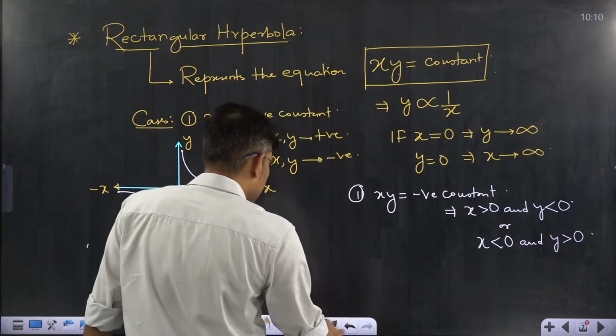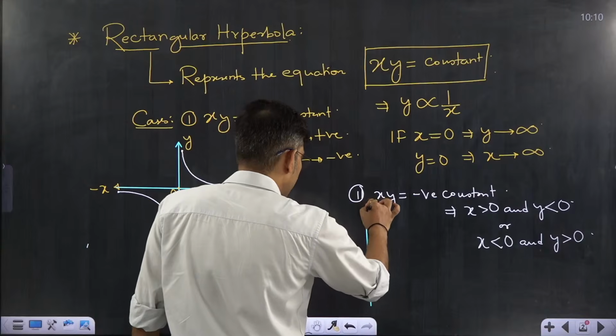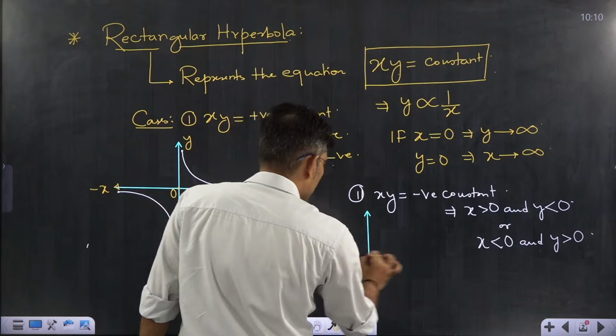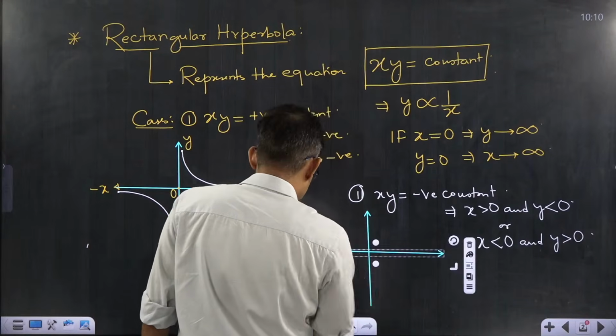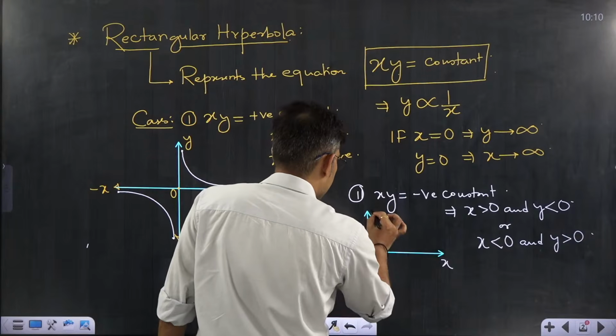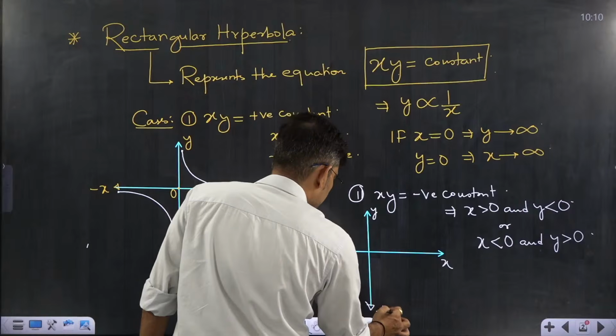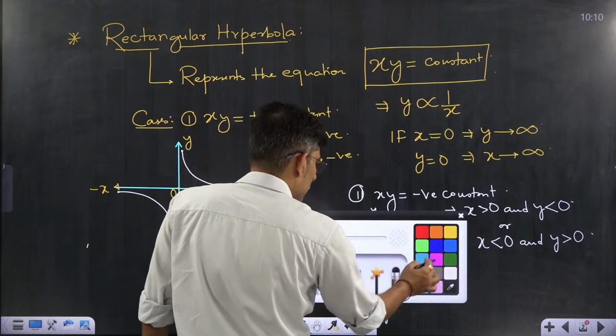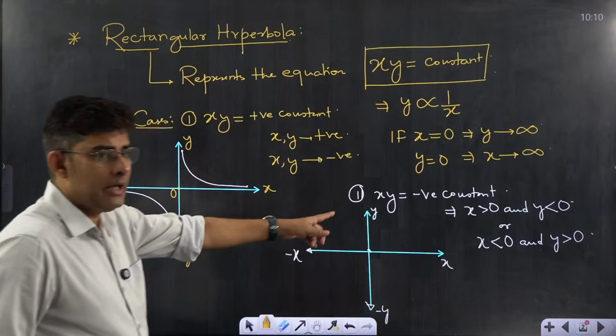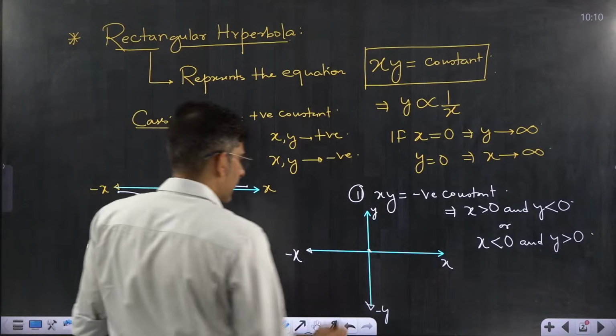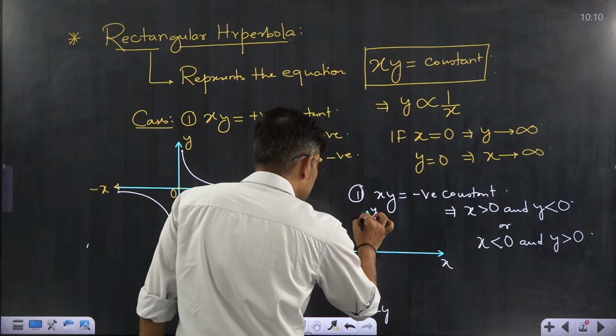So this brings us again to two quadrants, the remaining two quadrants. Second and fourth, yes, correct, but it cannot touch the axis.